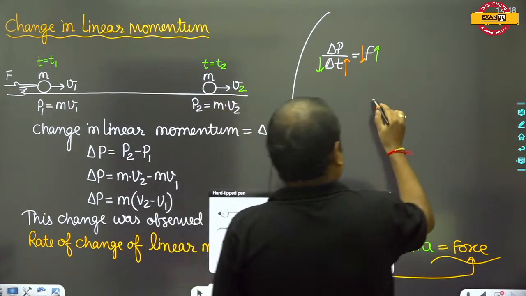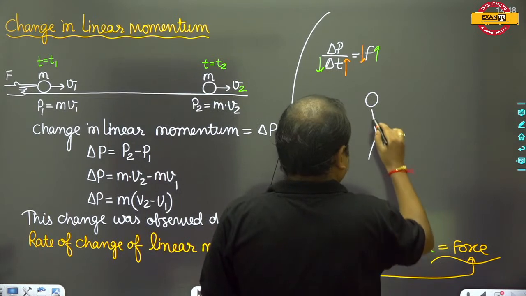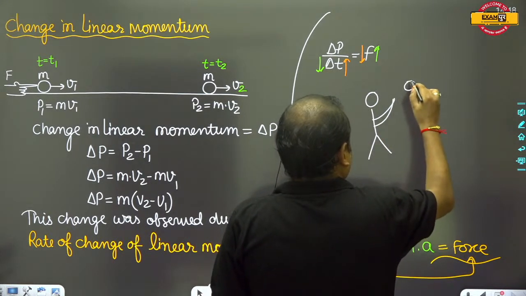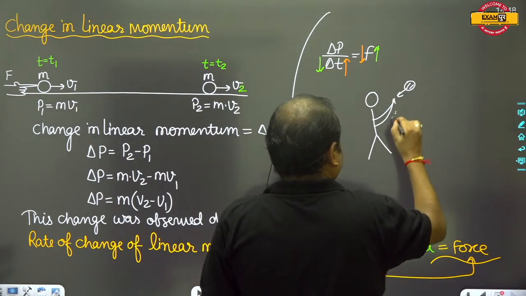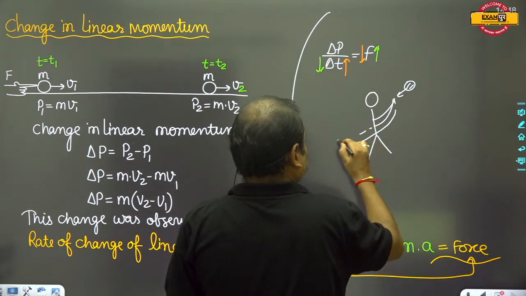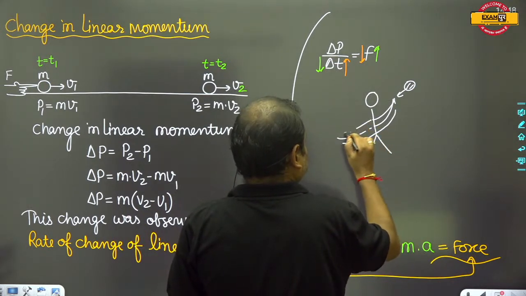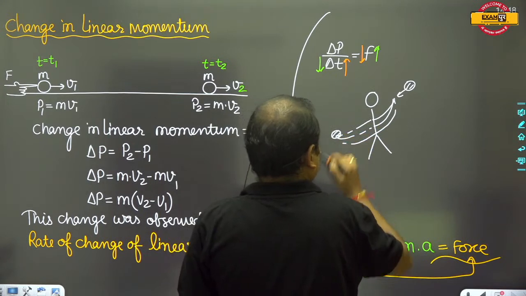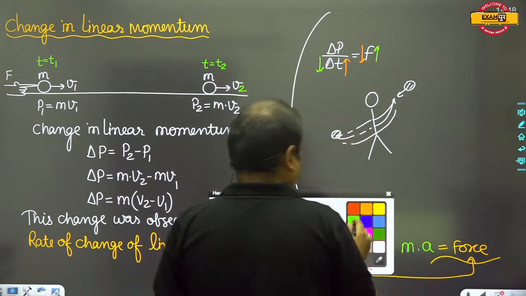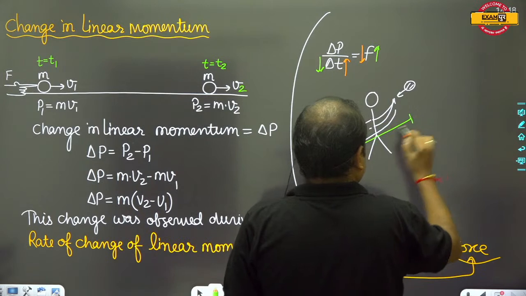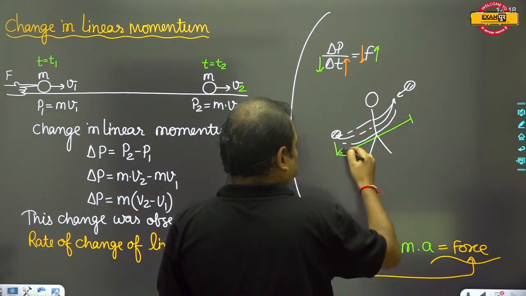And this is the reason that when a cricket player catches a ball which is coming with high velocity, he brings his hands backside, and it takes some time from this position to this position.